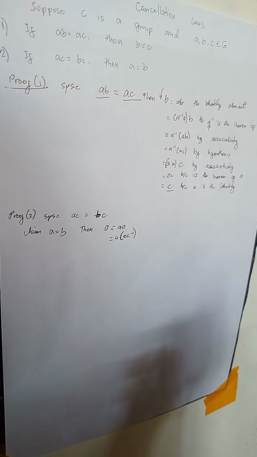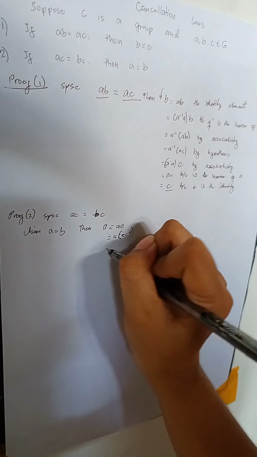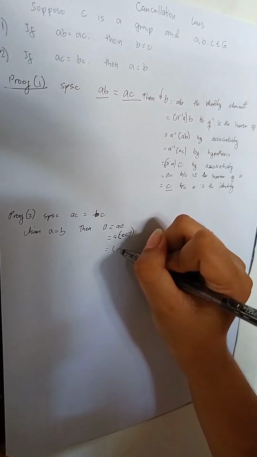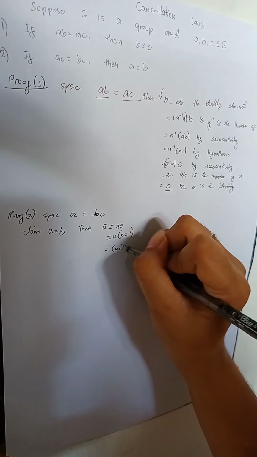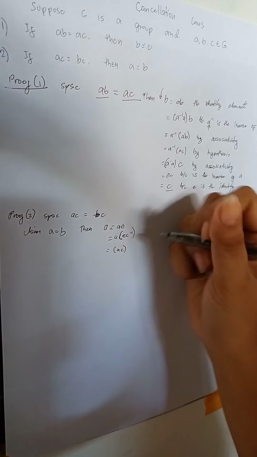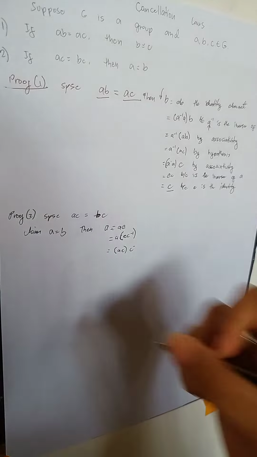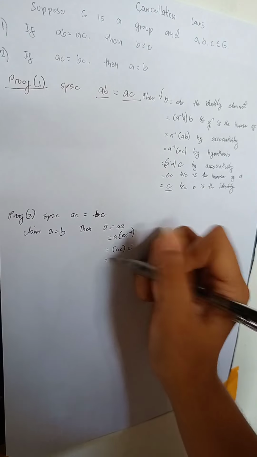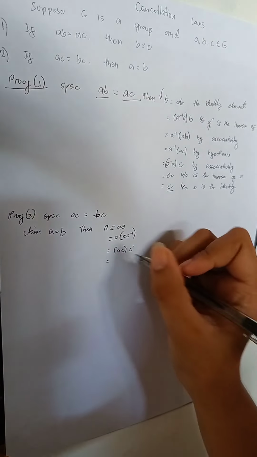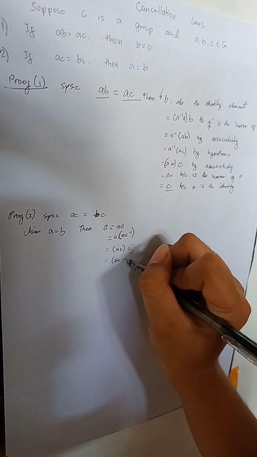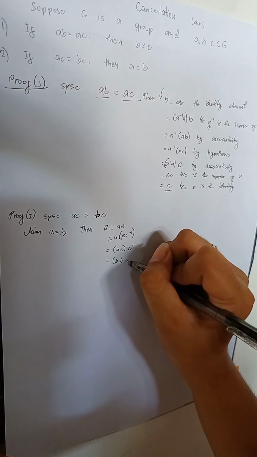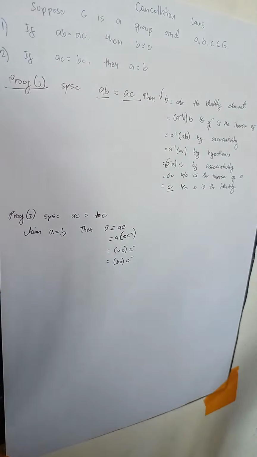Then we can use associativity, so we can write this as AC times C inverse. Then we can replace AC with BC times C inverse.